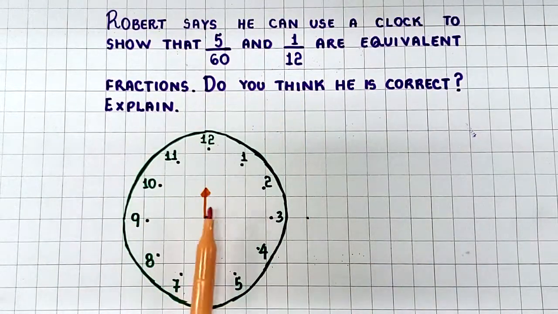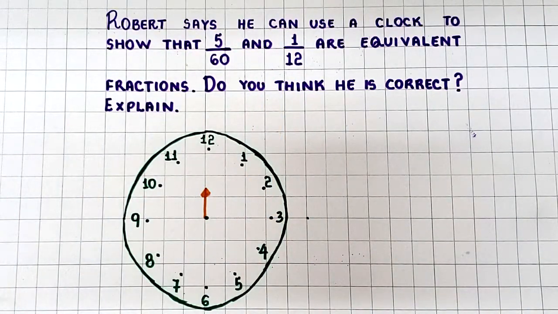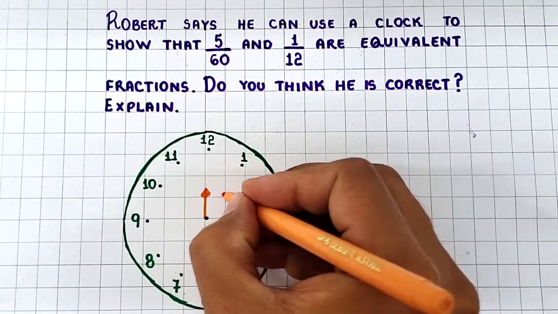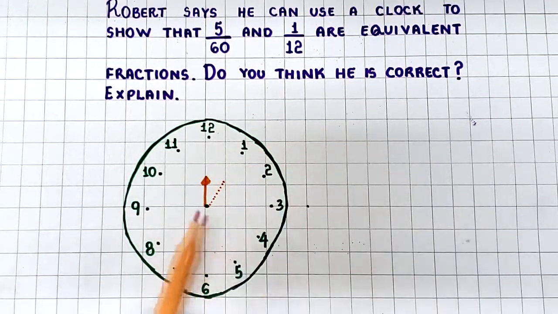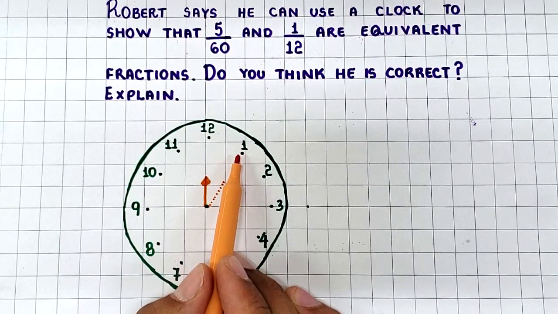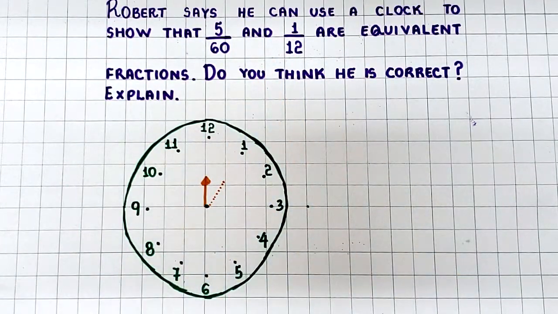So when the hour's hand travels one of these parts, what does it mean? It means that it went from, for instance, 12 to 1. When the hour's hand moves from 12 to 1, it traveled 1/12 of the whole clock. Do you agree with that?